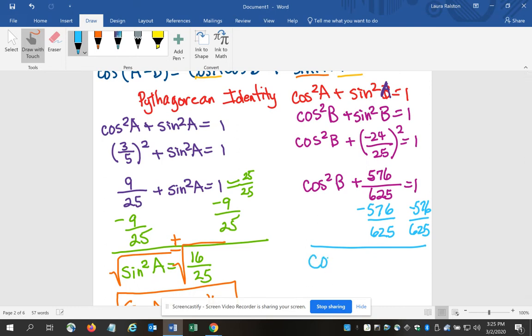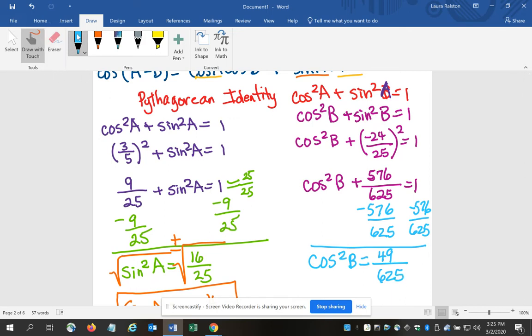So I have cosine squared B equals 625 minus 576 is 49. So I would have 49 over 625.